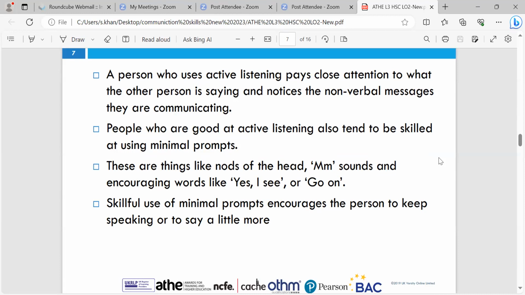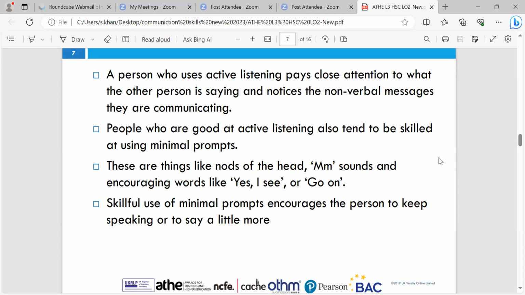These are things like nods of the head, sounds, and encouraging words like yes, I see, or go on. Skillful use of minimal prompts encourages the person to keep speaking or to say a little more. Listening is one of the most important skills you have. How well you listen has a major impact on your job effectiveness and on the quality of your relationships with others.